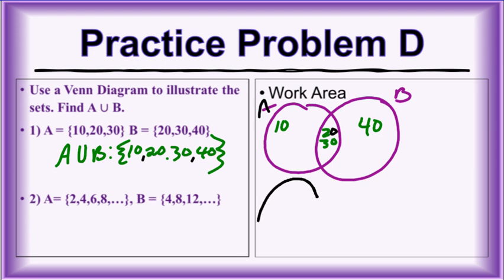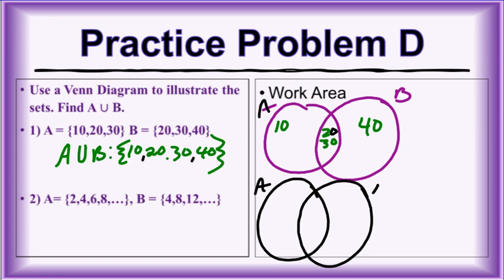And the last one here, this is our A, this is our B. We have 2, 4 in the middle, 6, 8 in the middle, 12 here, and then we'll just put the ellipsis.